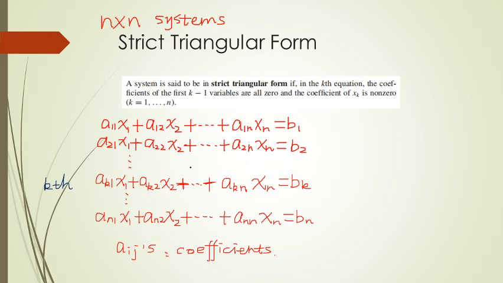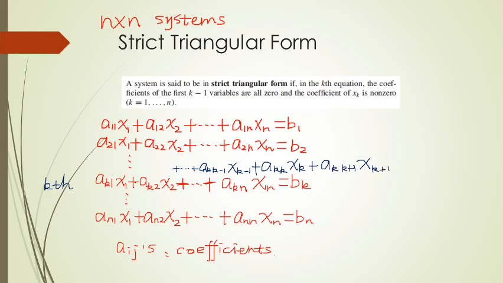Here we can extend it in this way, plus a k minus 1 times the variable xk minus 1, and then plus akk xk, and then plus ak k plus 1 xk plus 1, right?